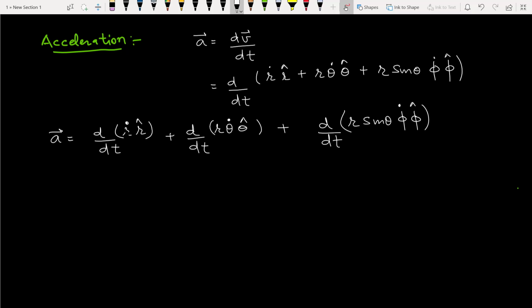So now we apply the product rule. First function, second function. So derivative of first function, second function as such, first function as such, derivative of second function.